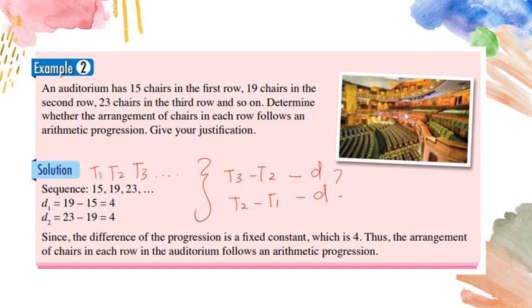T2 minus T1, 19 minus 15, you will get 4. And then T3 minus T2, 23 minus 19, you also get 4. So, since the difference of the progression is a fixed constant, which is 4, thus the arrangement of chairs in each row follows an arithmetic progression because it has a common difference D.